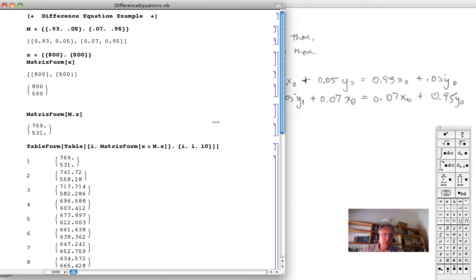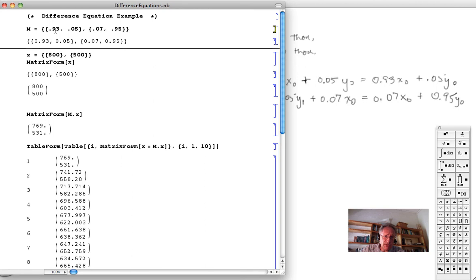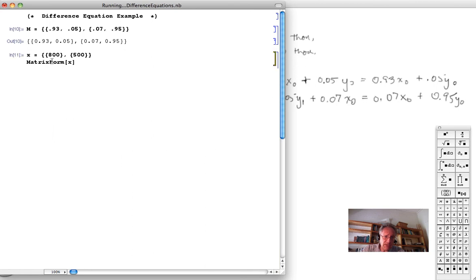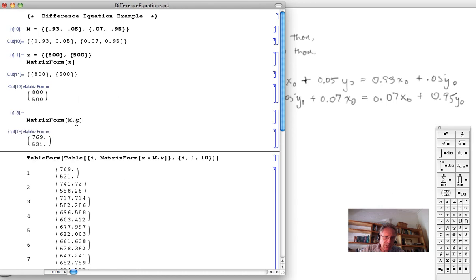We can calculate this multiple times. What I've done here is use Mathematica to do the calculation for me. Here's the matrix we're using to multiply. Here's the initial vector of population. If I evaluate the M cell and then the X cell, you get that. Just to illustrate how this works, to multiply a matrix by a vector, you do m dot x, and there's the result we expected. What I'm making here is a table of values for several years.